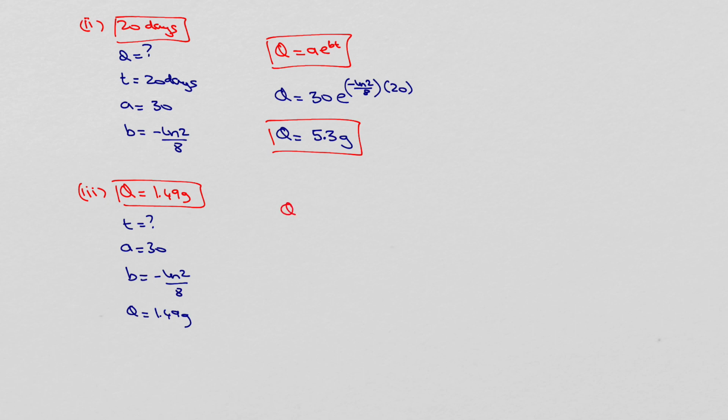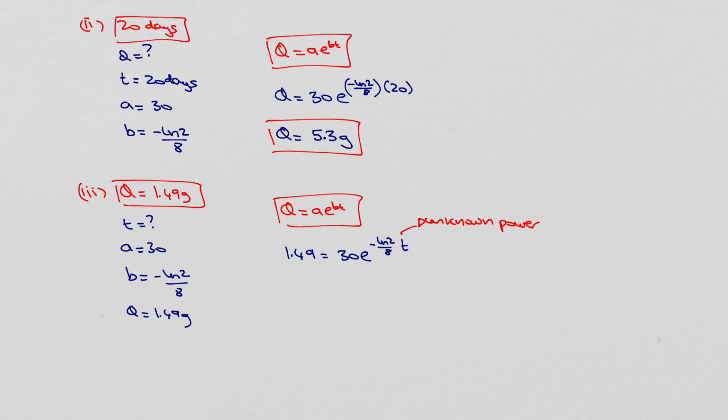So again, if we go to our equation, all we're doing is subbing in our numbers and trying to isolate T on its own. So we have 1.49 equals 30 e to the power of minus natural log of 2 over 8 times T. Again, we can see we have an unknown variable in the power.